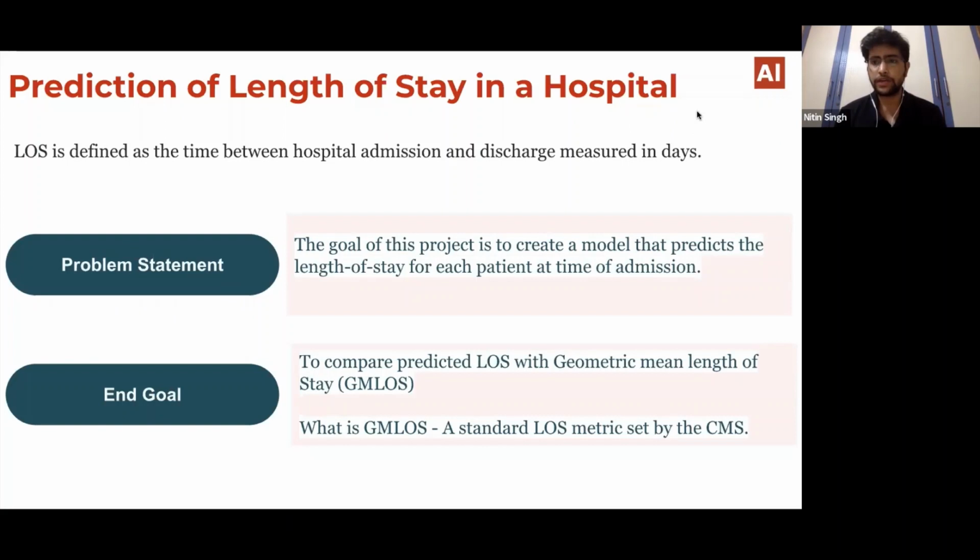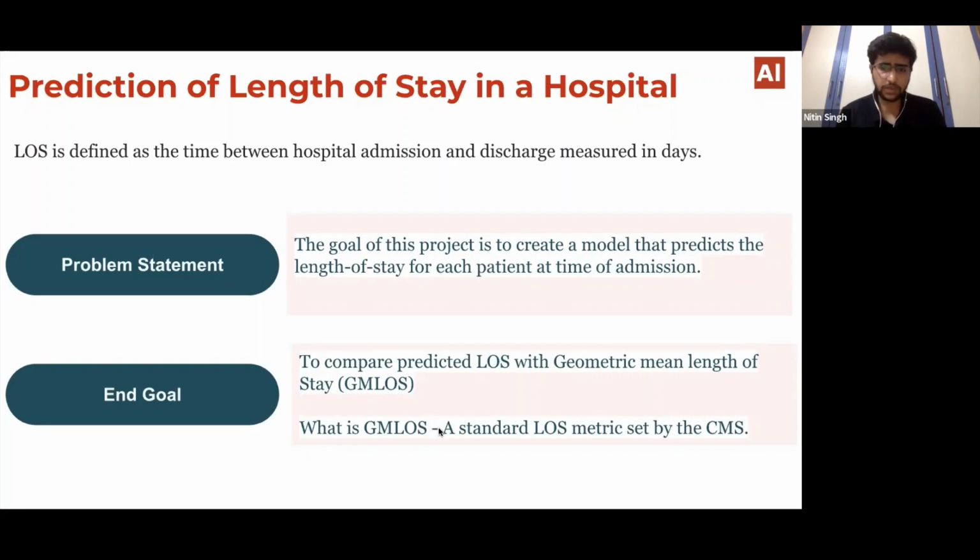Here you're trying to predict, not at the time of admission itself, since you would not have any features to capture there, but at a certain time after the admission has happened, you try to predict the length of stay. The end goal is to compare the predicted length of stay with the geometric length of stay.